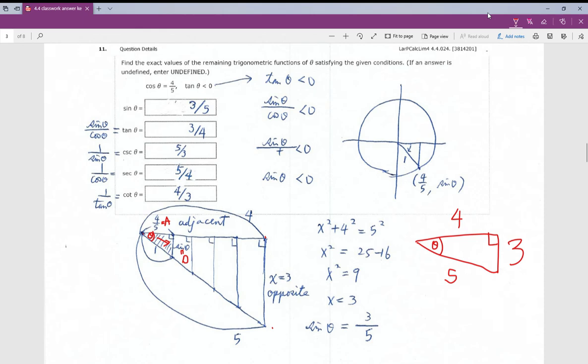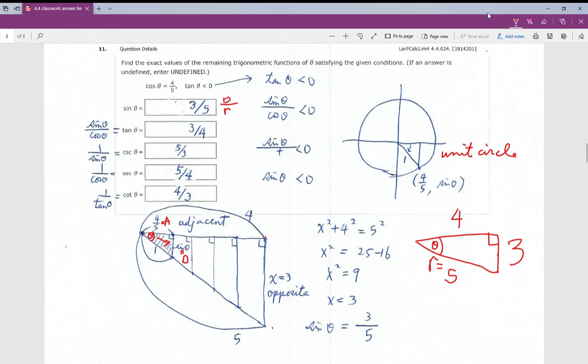Even though we don't know what the angle is here, 3, 4, 5 is a kind of special number, right? Now, you may use the unit circle, or you may just multiply by 5, so your radius is 5. If your radius is 5, sine will be opposite divided by radius.